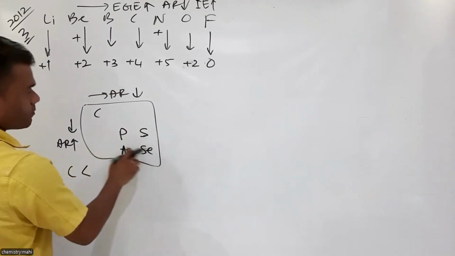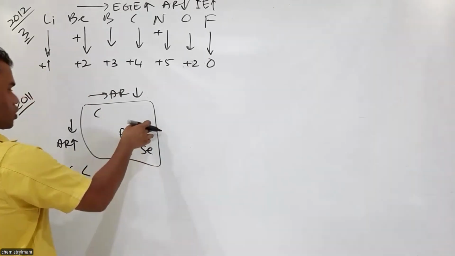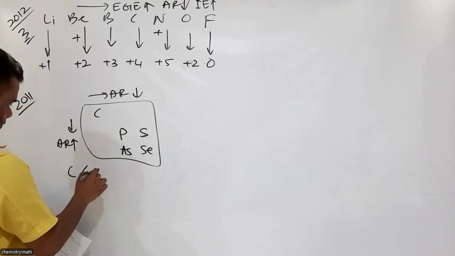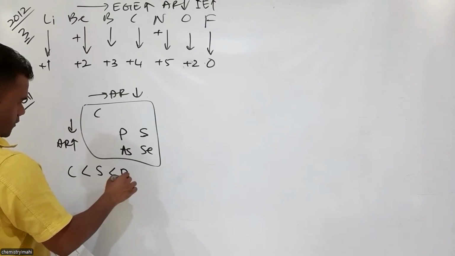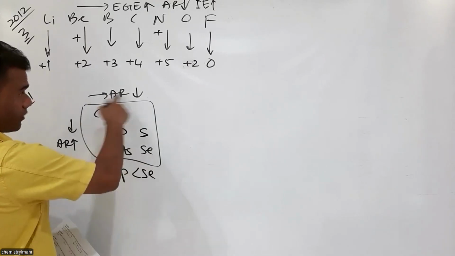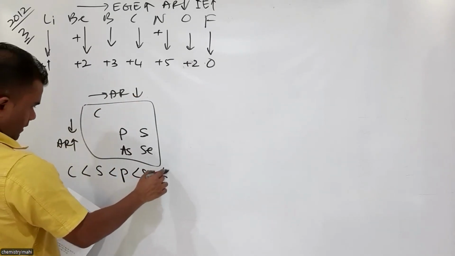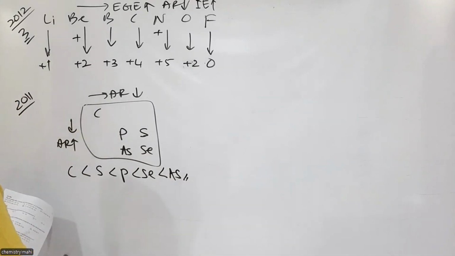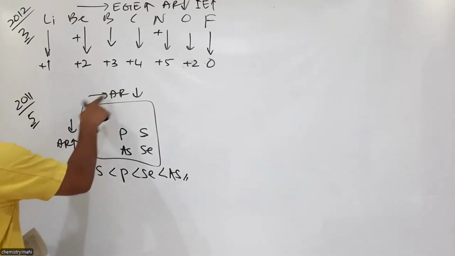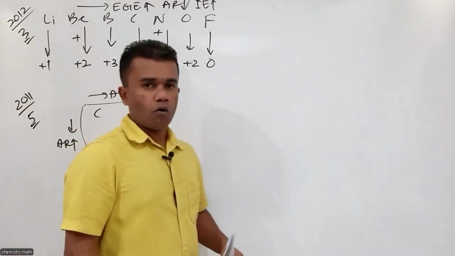The smallest one should be rightmost top, meaning sulfur. After that, phosphorus. Then the next smallest, selenium. According to these trends, we can find it out. Then arsenic. So the order is carbon, sulfur, phosphorus, selenium, arsenic, the fifth option. This trend will give you the correct order.